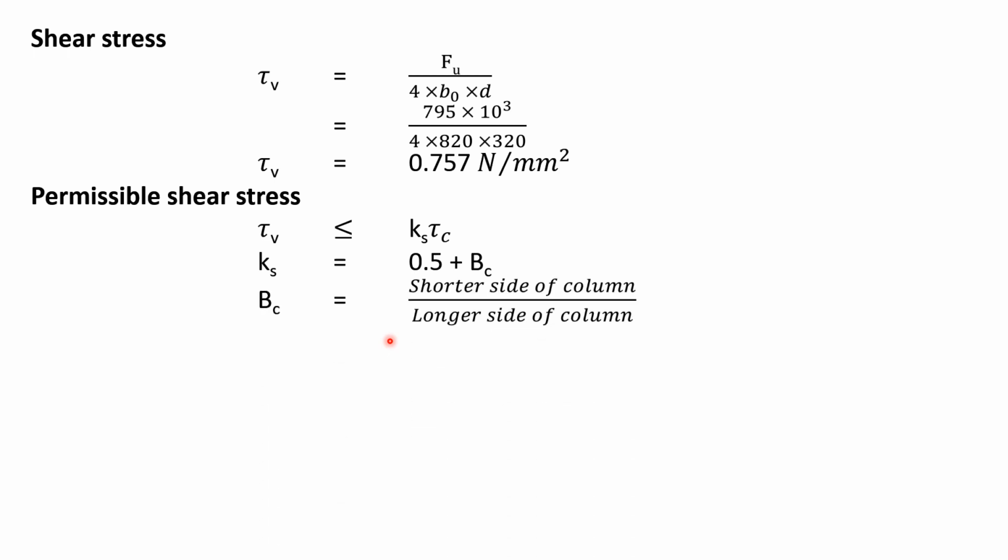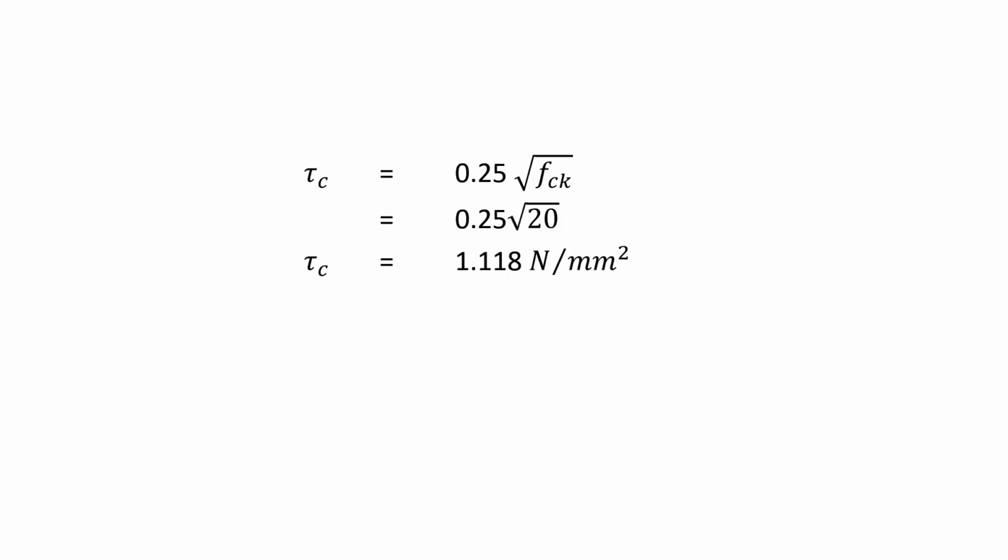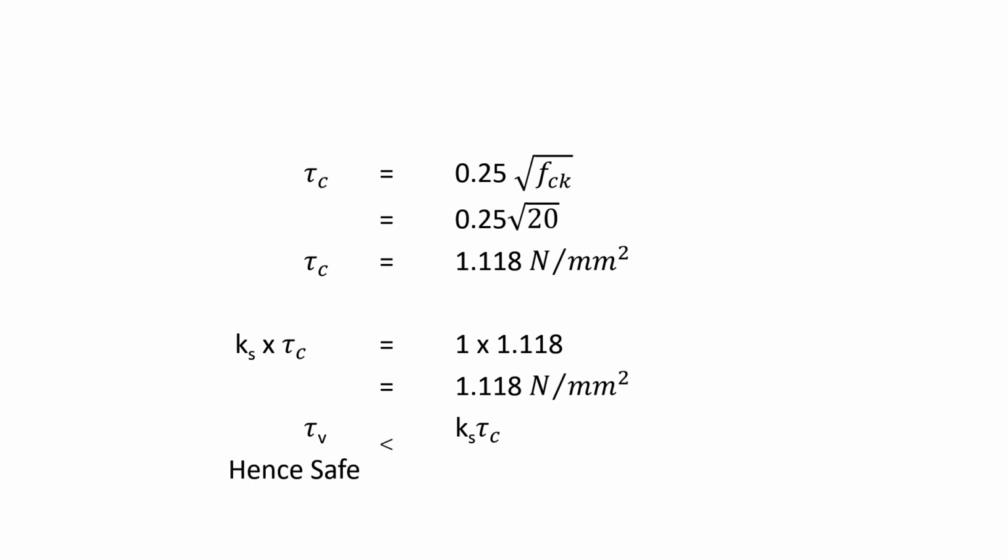Here k is equal to 0.5 plus 1, that is 1.5, and take Ks value as 1, whichever is greater. So tau c is equal to 0.25 into square root of fck, that is 0.25 into square root of 20, that is tau c is 1.118. Comparing, tau v is less than Ks tau c, hence it is safe.